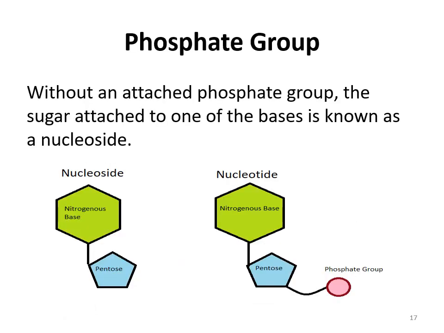Basically, after nitrogenous bases and five carbon sugar, the third component of a nucleotide is the phosphate group, and attachment of the phosphate group is very necessary to function as a nucleotide. Without an attached phosphate group, the sugar attached to one of the bases is known as a nucleoside.